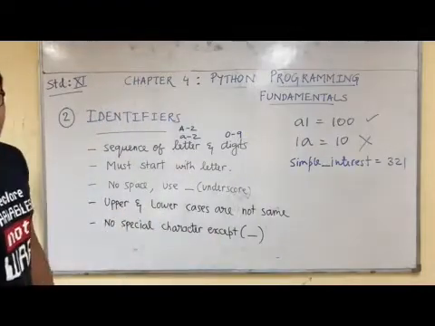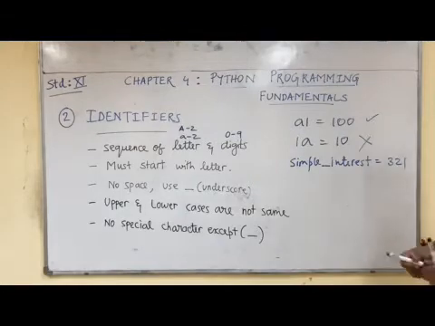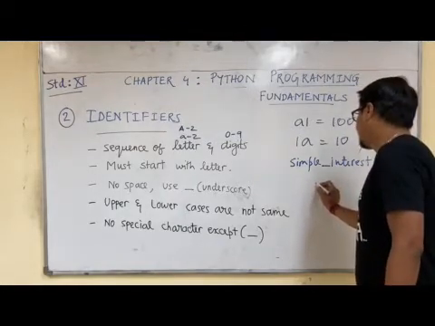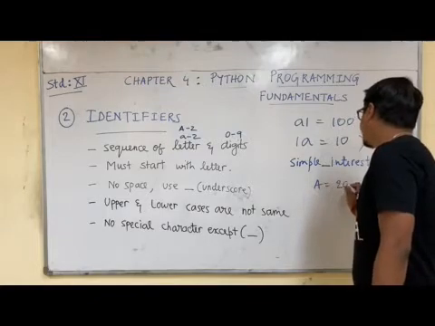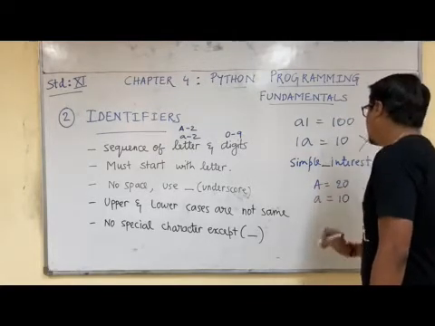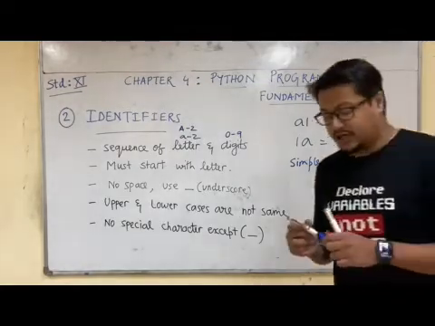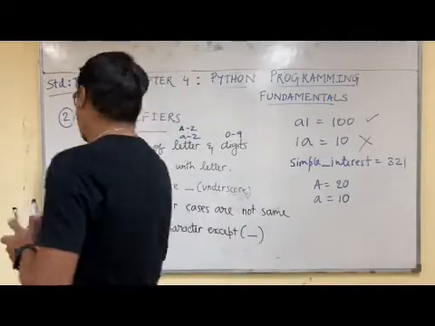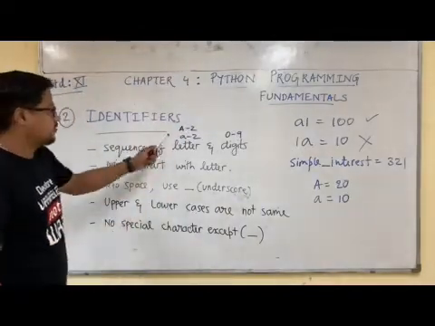The next one is very, very important. Uppercase and lowercase are totally different. Just see here. Say we are declaring a variable capital A equal to 20, and a variable small a equal to 10. You will feel that these are the same thing, but remember students, we discussed that capital A and small a are totally different. What were the decimal values?